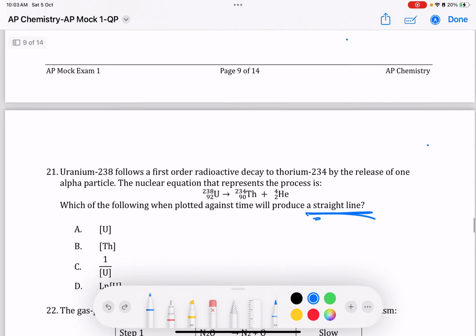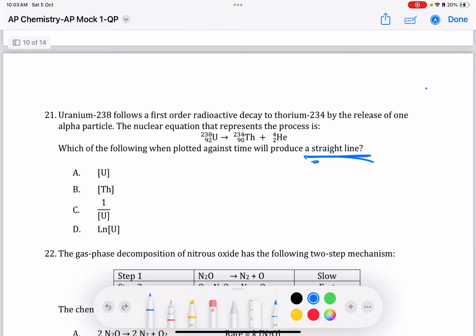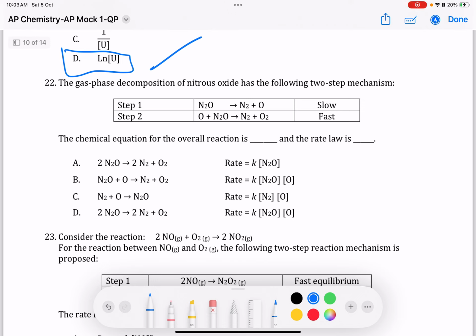So ln of the concentration of uranium, being first order, because the nuclear isotopes have a first order decay. So the first half-life, the second half-life, it's always a linear shape.